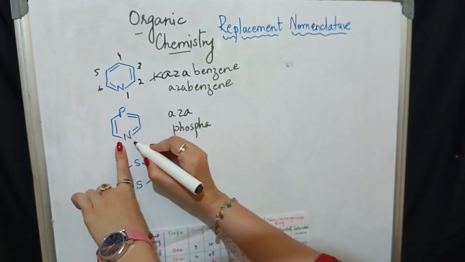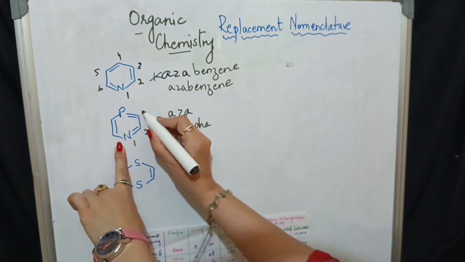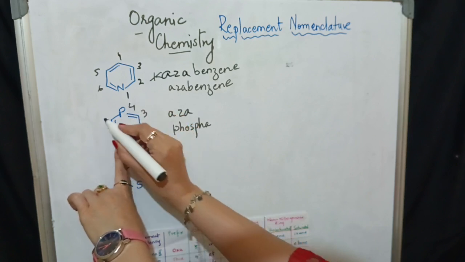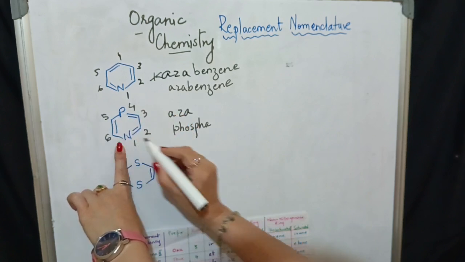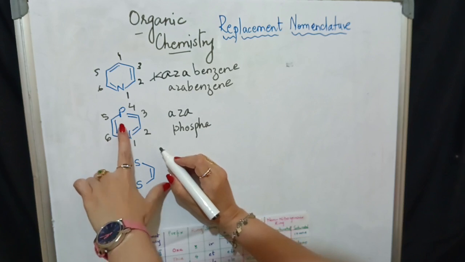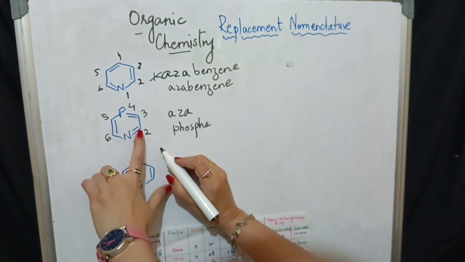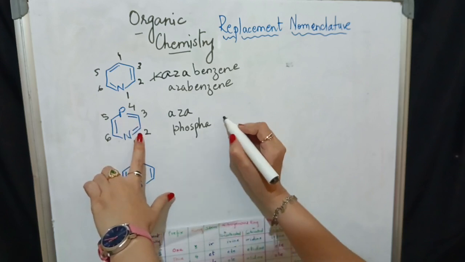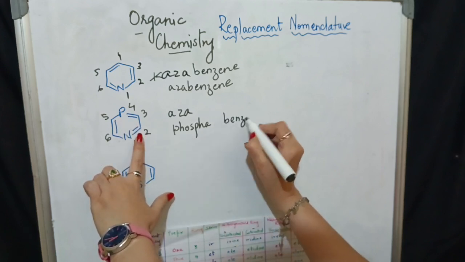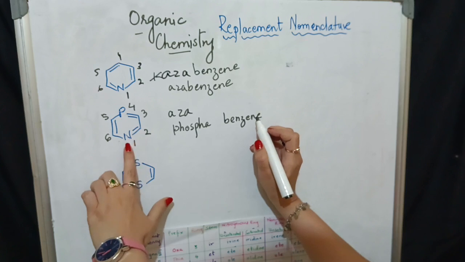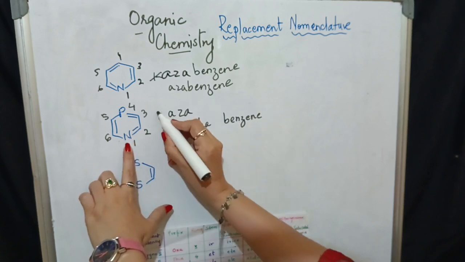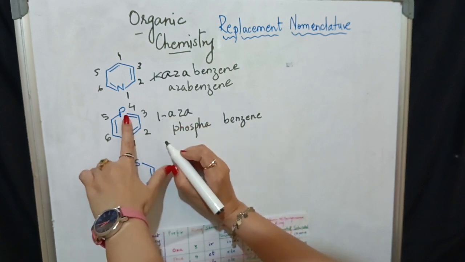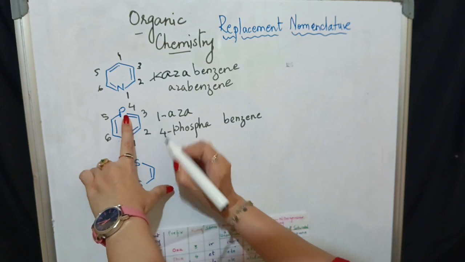Let us number it starting from here. 1, 2, 3, 4, 5, 6. It is a 6-membered ring with double bonds present alternately. So alternately present double bonds means it is a benzene ring. Now, let us number it. Aza is 1, phosphor is 4.